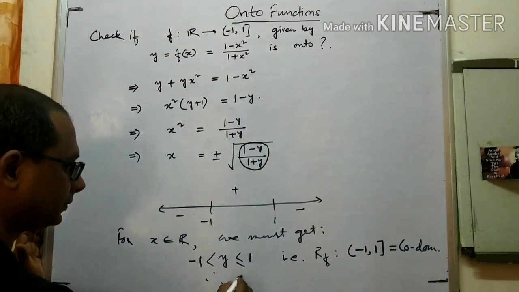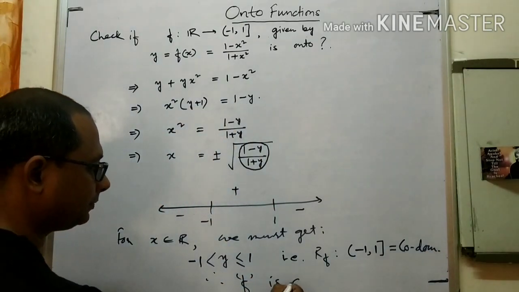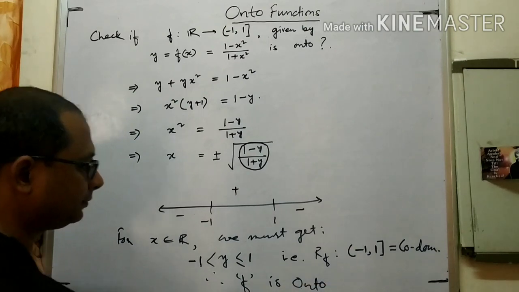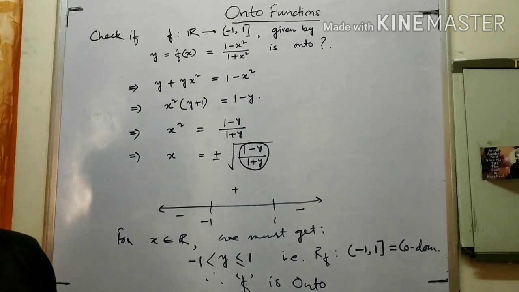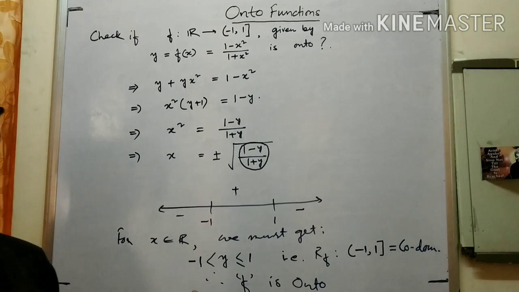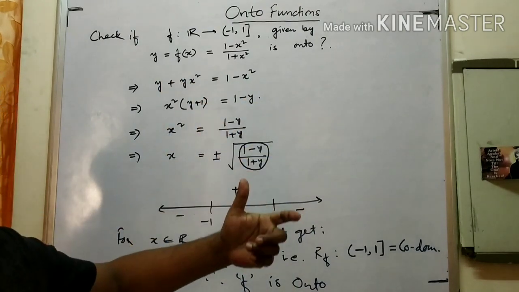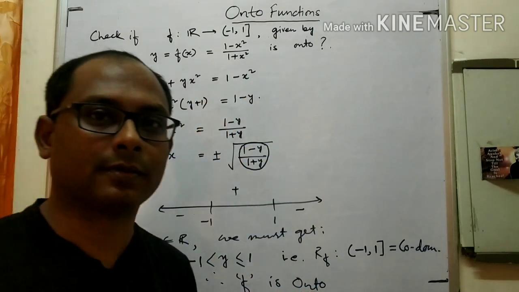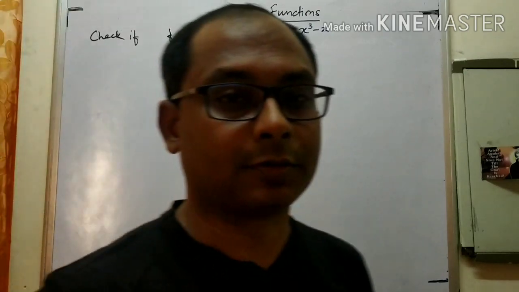Therefore f is onto. So basically, whenever onto is asked, we are trying to get the range of the function.